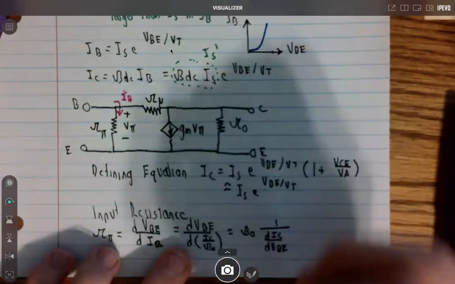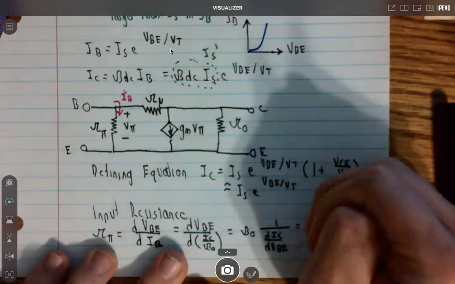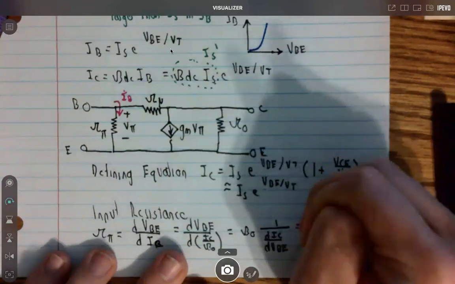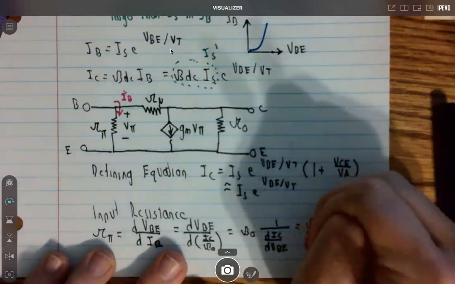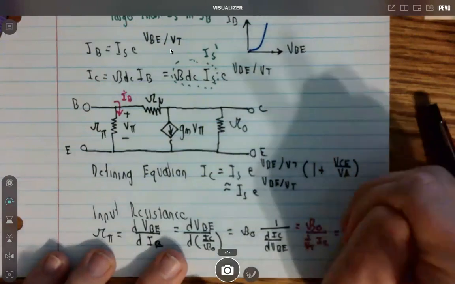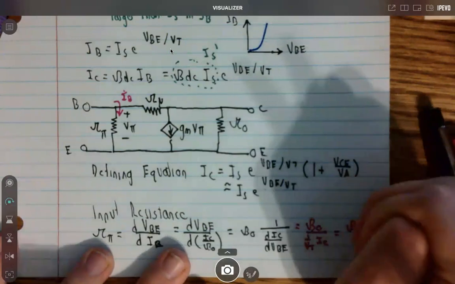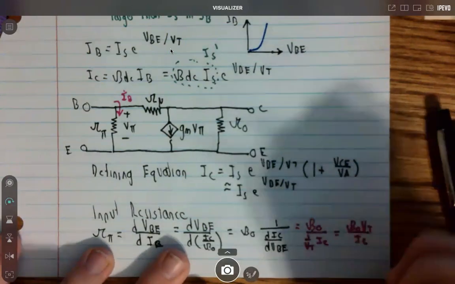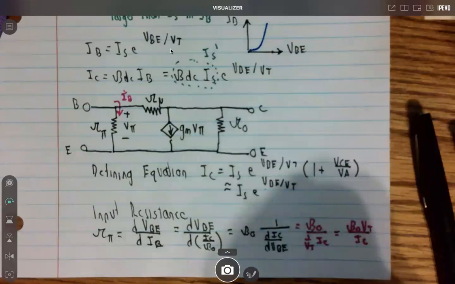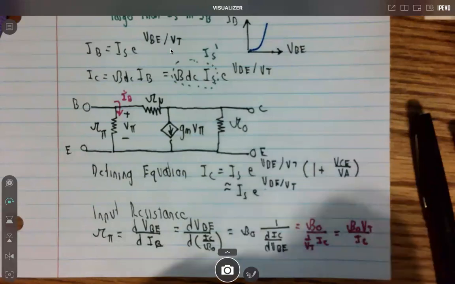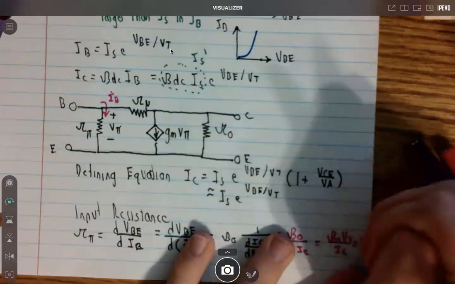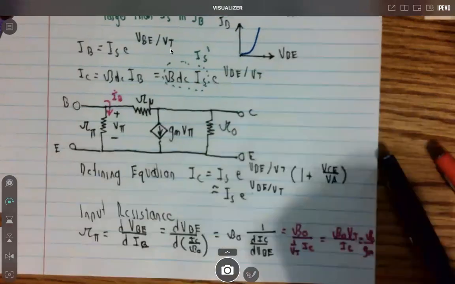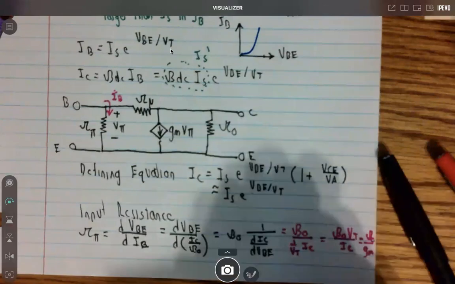So I can write here, this is going to be beta naught times 1 over VT IC, which we can just write as beta naught, and then bring the VT to the numerator, over IC. And you can also say beta naught over gm, because we're going to define transconductance.